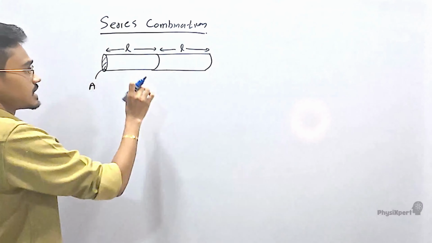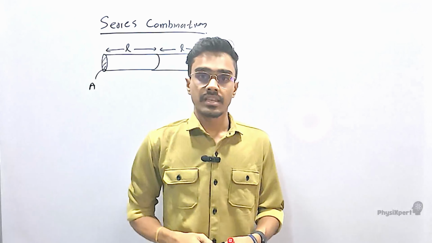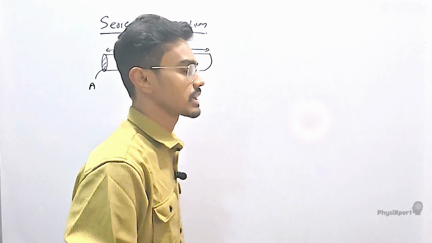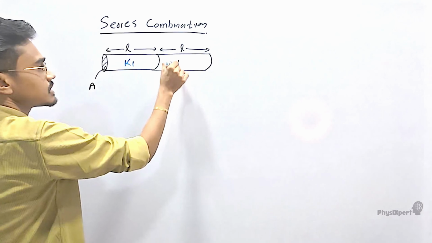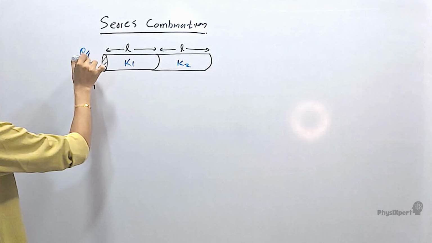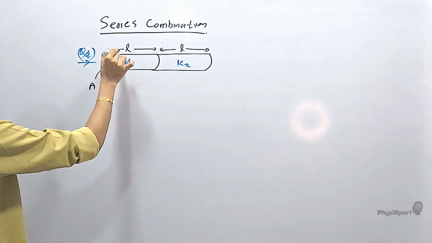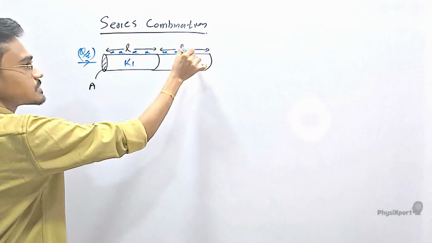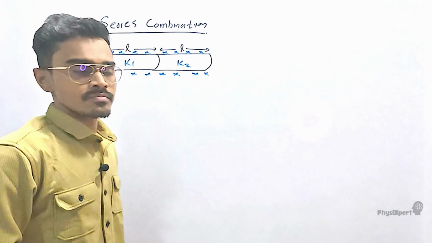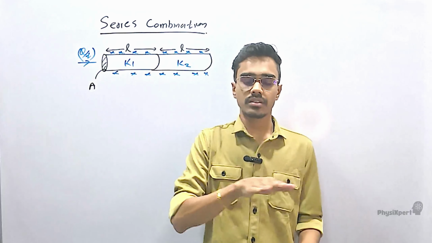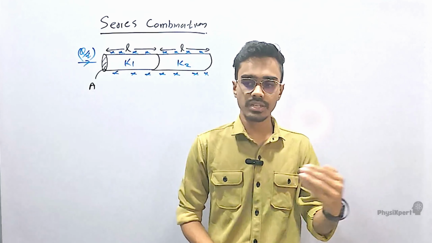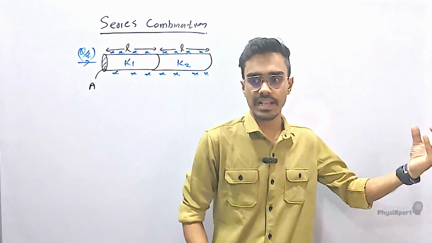Let's say the heat conductivities of these two rods are K1 and K2, and the heat flow through the system is Q over T. If the system is well lagged, there's nowhere for the heat to go other than flowing through the rod, and it's an axial flow.